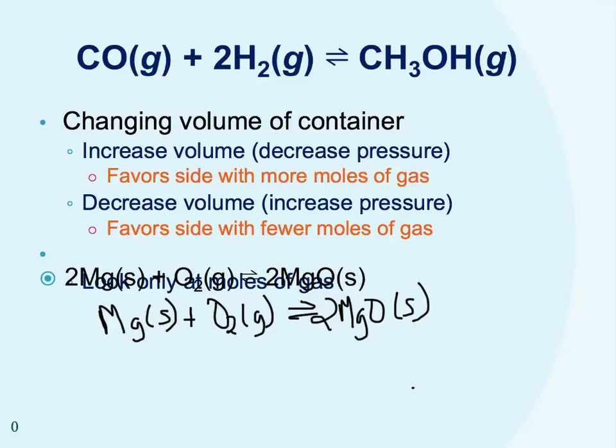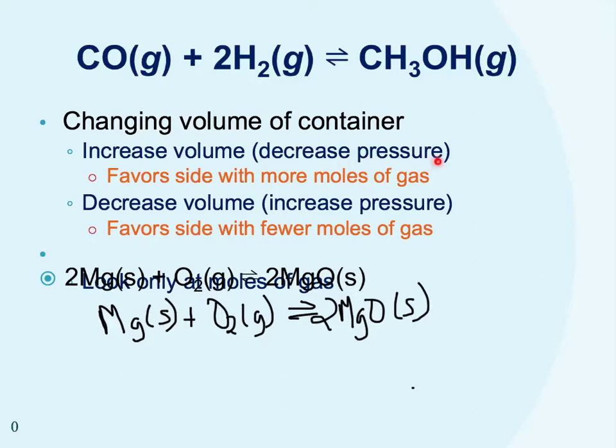And what I look at is, if I increase the volume, so my volume gets bigger, there's more space, more volume for those molecules to occupy, and so effectively I'm decreasing the pressure, I'm decreasing the partial pressures of each of those gases. As a result it's going to favor the side with more moles of gas, because if we've decreased the pressure, then I want to do a change.